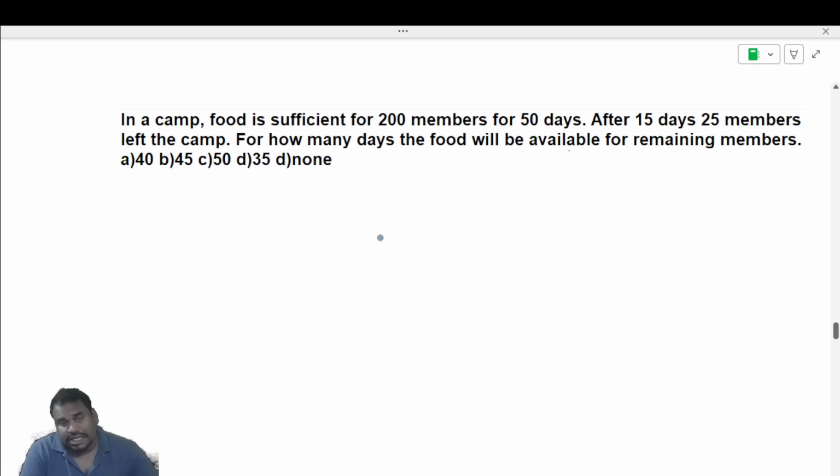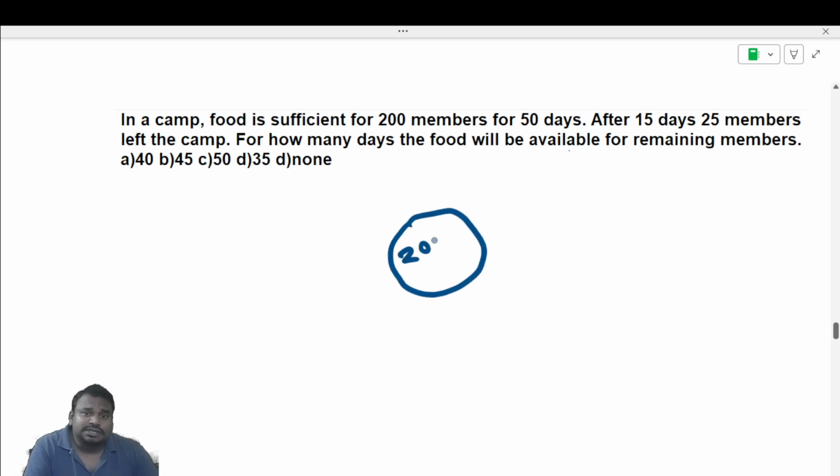See, in a camp there are 200 members. For these 200 members, there is food available, and that is sufficient for 50 days. 200 members can eat that food for 50 days.